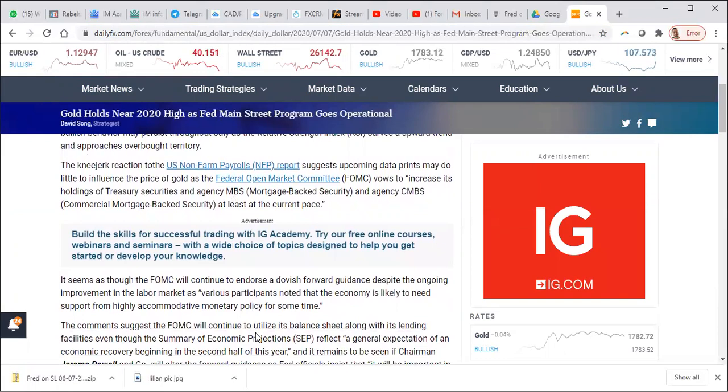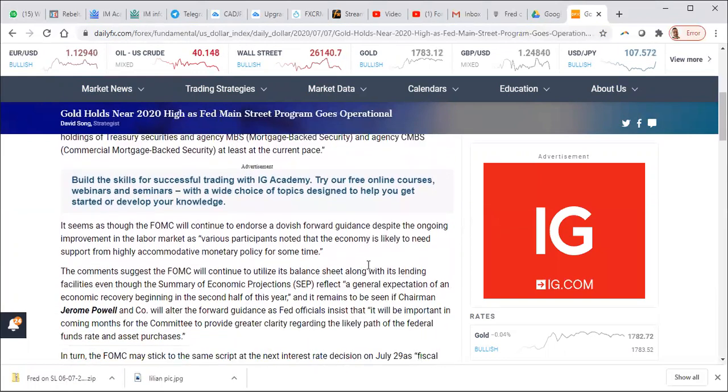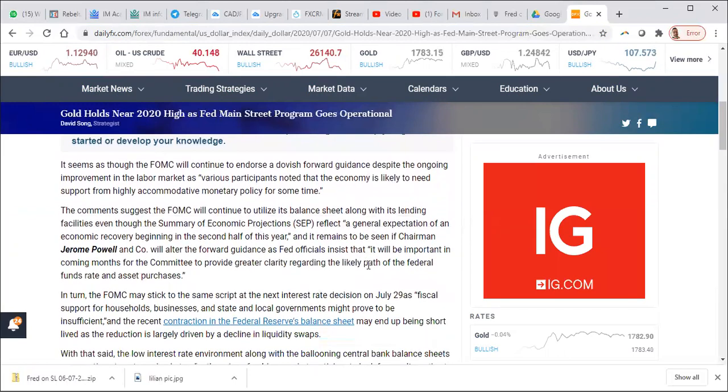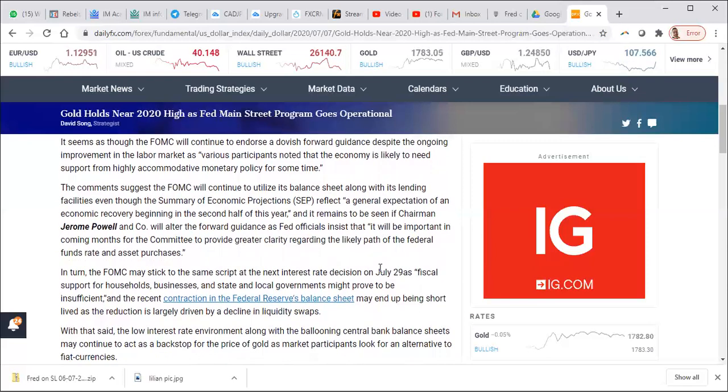Knee-jerk reaction, as usual. NFP always creates a lot of interesting things. FOMC will continue to endorse a dovish forward guidance despite the ongoing improvement in the labor market.